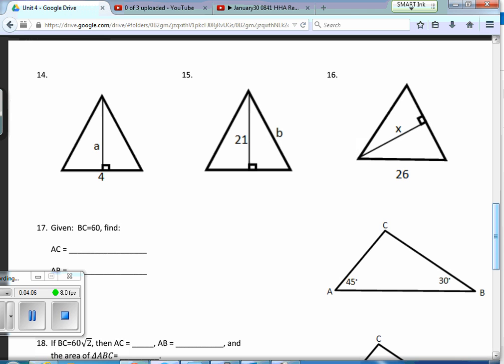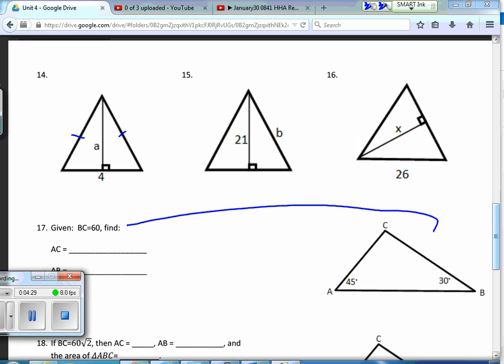It's not super hard, but you need to be told that these are meant to be triangles where we know that they're equilaterals. It says given BC equals 60, then find AC and AB. And of course, that's referring to over here, BC being 60.